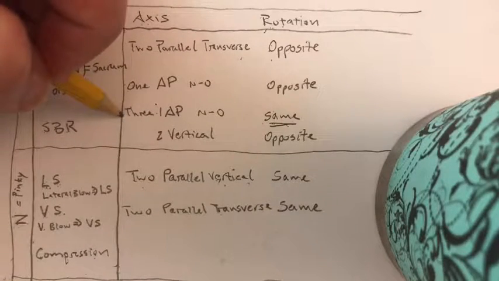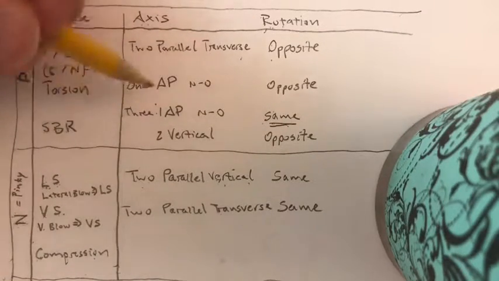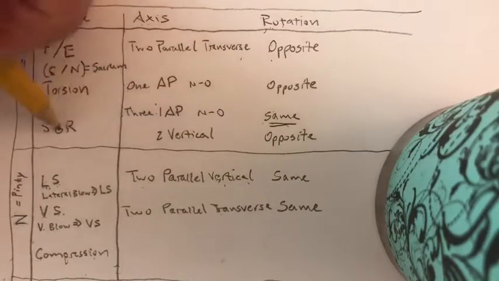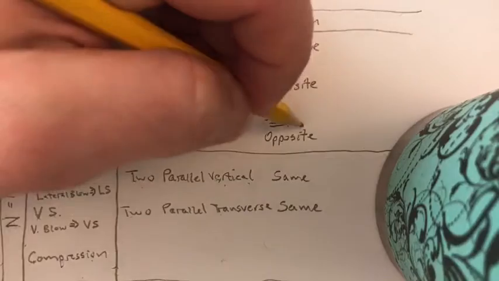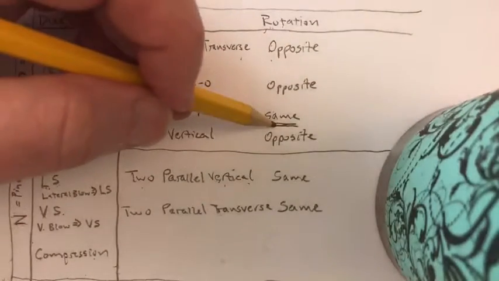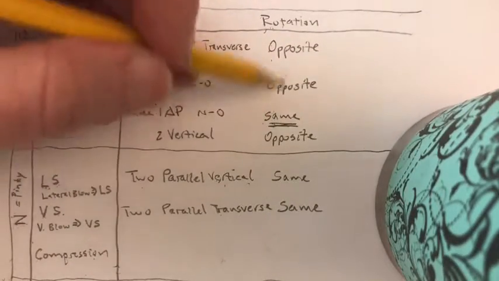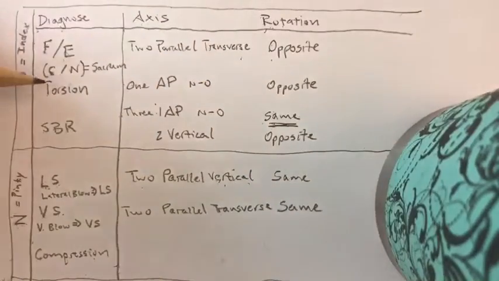The only place you want to remember that there is an exception is on the side bending rotation. The 1 AP axis is going to have the same rotation, but otherwise the rest of these are all going to be opposite.